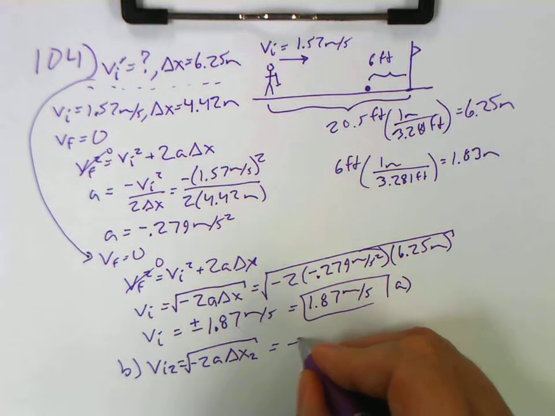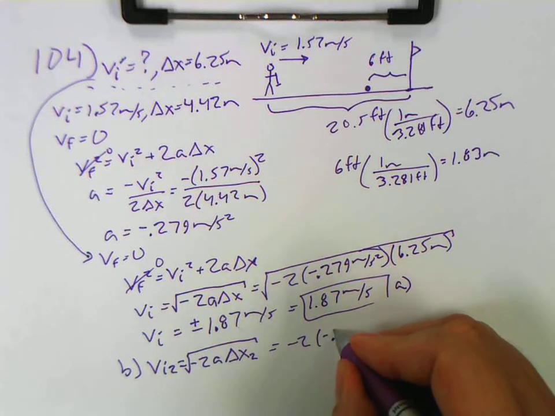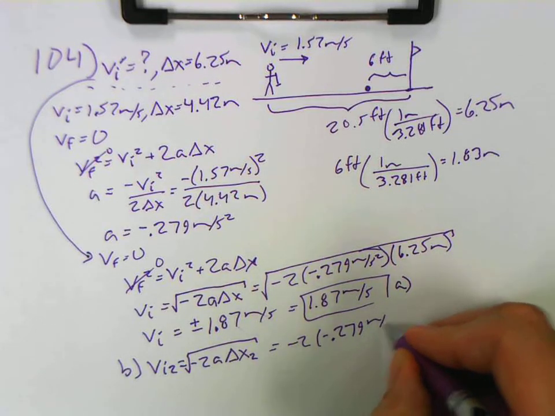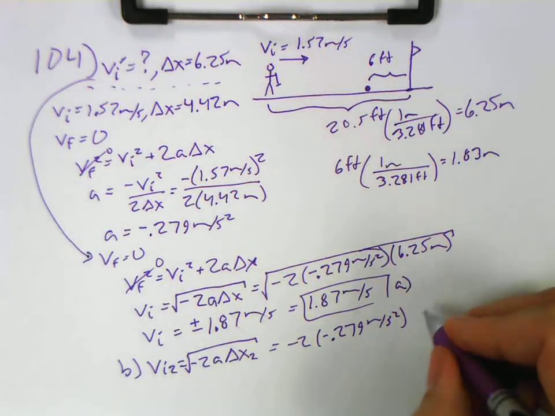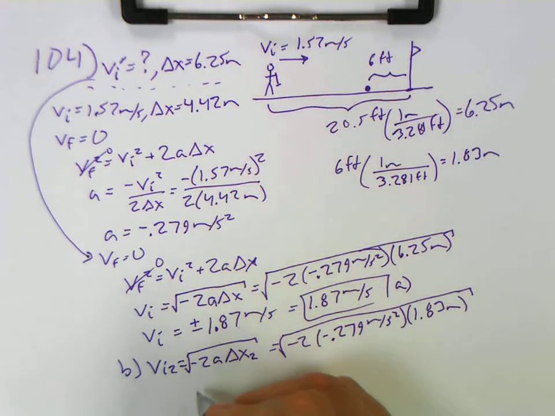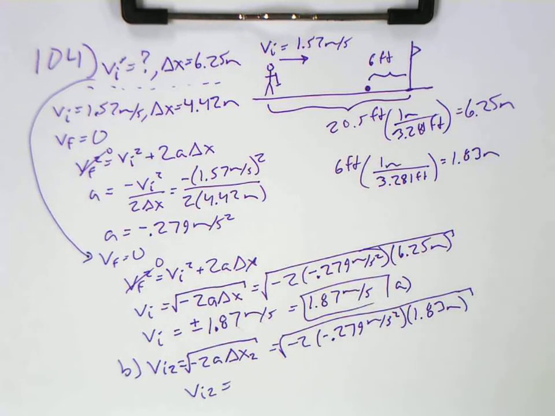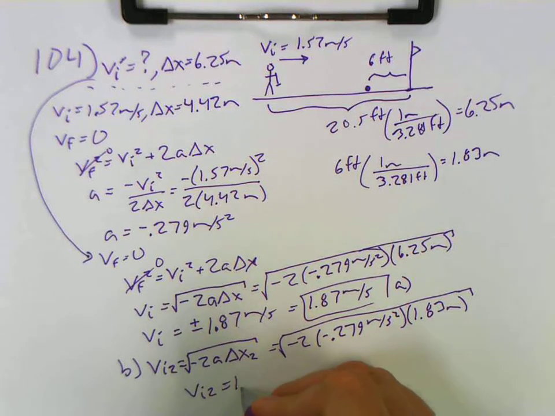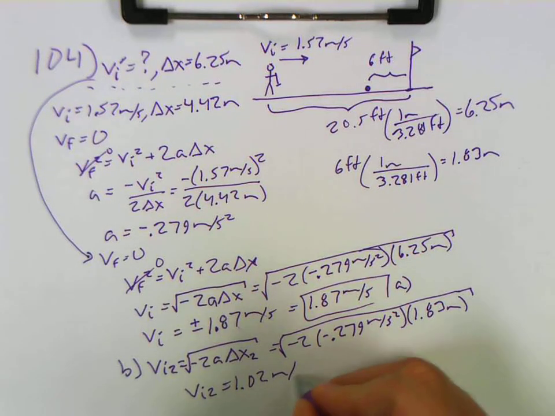All right, so negative 2 times negative 0.279 meters per second squared times the displacement of 1.83 meters. Square root that mess, and V initial 2 is going to be positive, we already know that. 2 times 0.279 times 1.83, so we get 1.02. 1.02 meters per second, which is the final answer for part B.